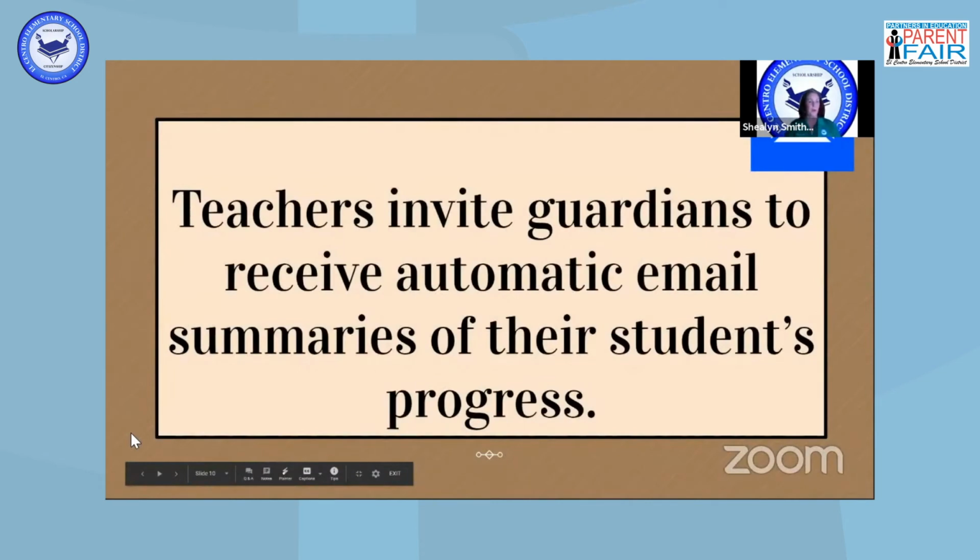The very first thing that will happen is that teachers will invite you to the Google Guardian platform or to the Google Classroom. The way that's done is you receive an email from the teacher as an invite. Once you accept that, you would then receive email summaries for student progress and student work.